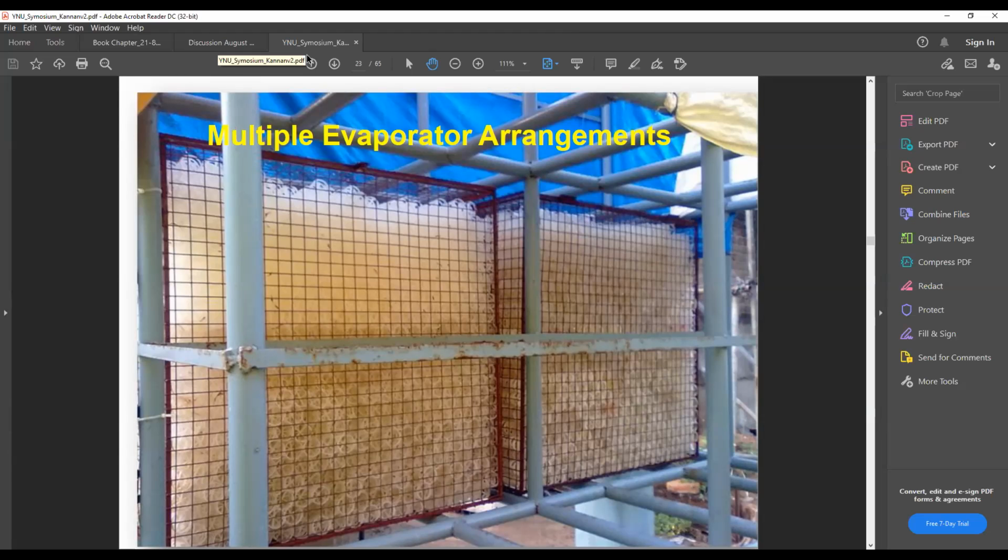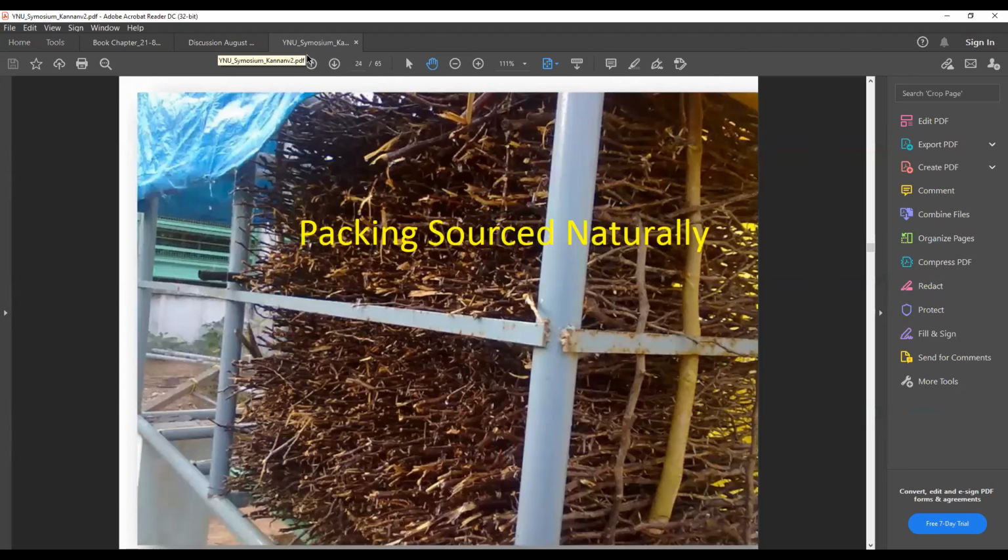So it's going to be a trade-off between cost and performance. That's the reason why when you put these packings arranged in a very structured manner, you get very good performance because the packings are smaller. On the other hand, natural vegetation is not as effective as the packing, but it is a low-cost option. Again, there is going to be a trade-off between cost and performance.